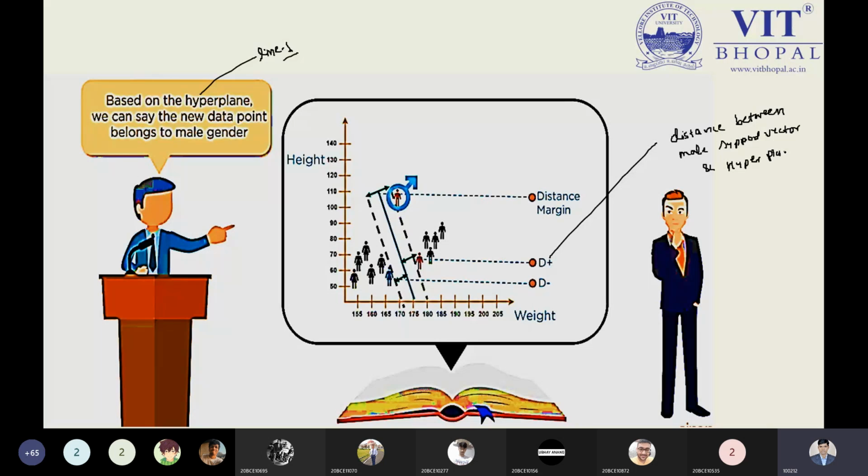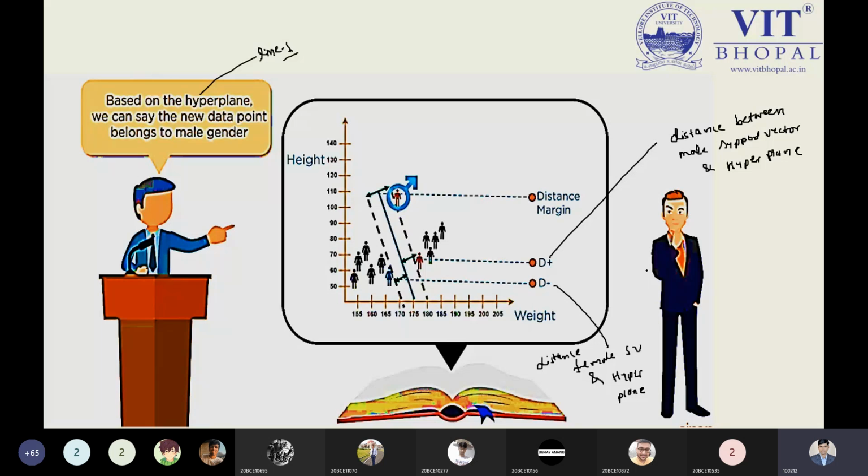This is the hyperplane, and D negative is the distance between the female support vector and the hyperplane. So the reason negative is coming is that our new input data does not belong to the female. This is the only reason.